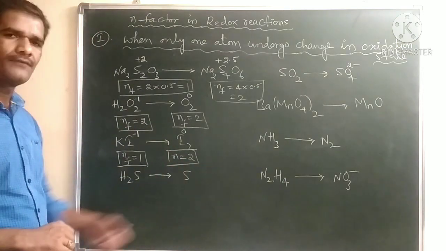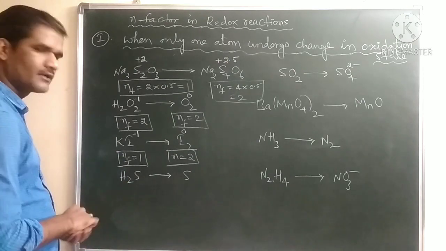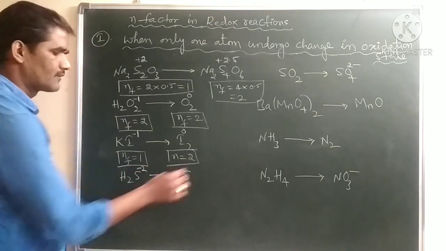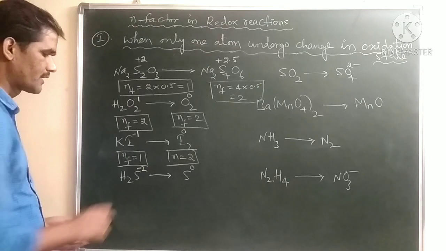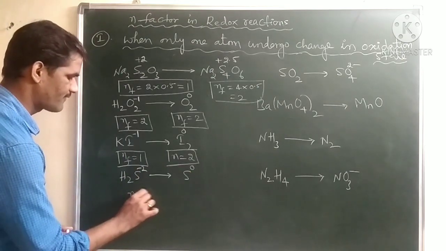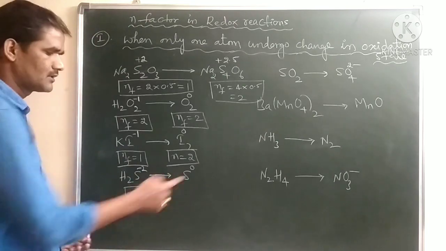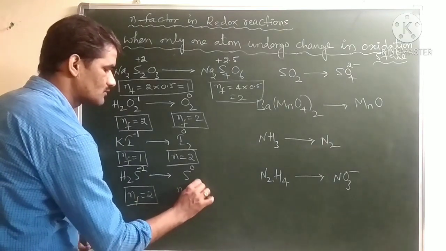Similarly, H2S to sulfur. In the case of H2S, sulfur oxidation state is -2. In elemental sulfur it is 0. So again -2 to 0, 2. So n factor here is 2. Similarly, sulfur 0 to -2, again n factor is equal to 2.